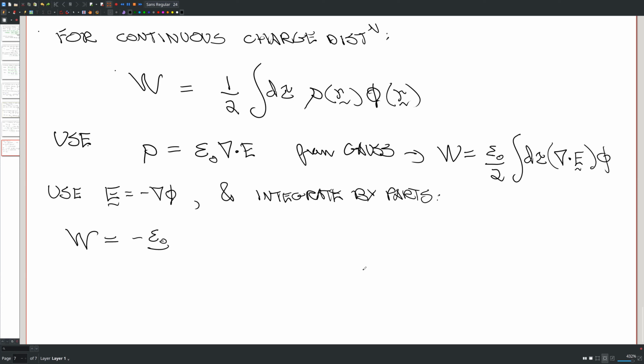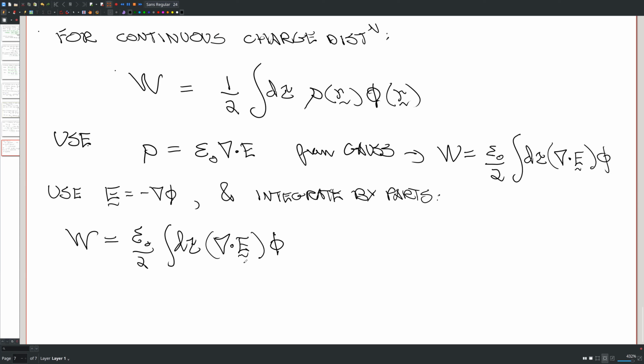So what I'm going to do is restart from this one here. Epsilon 0 over 2, I've got the integral d tau, and now I've got div of E times my phi here.